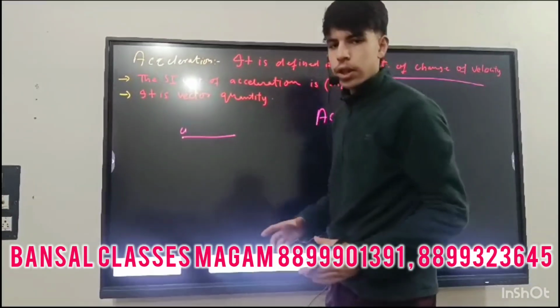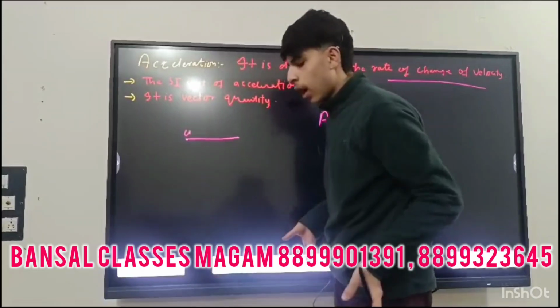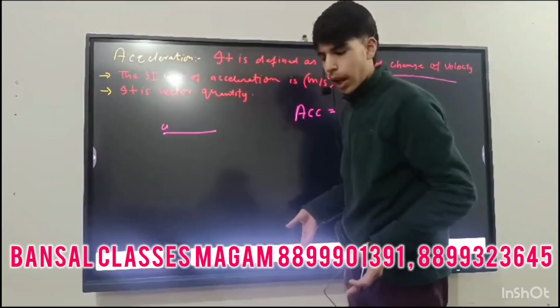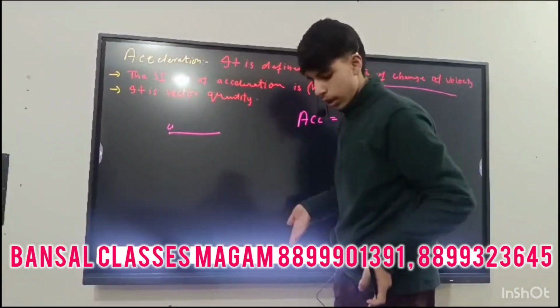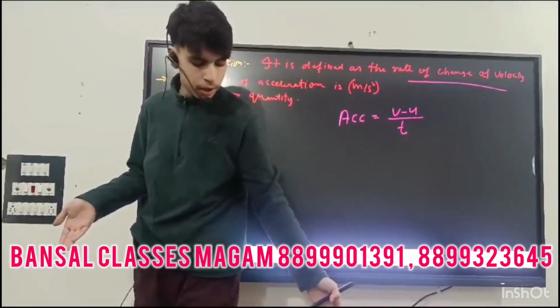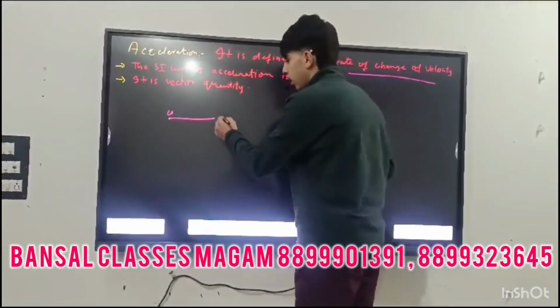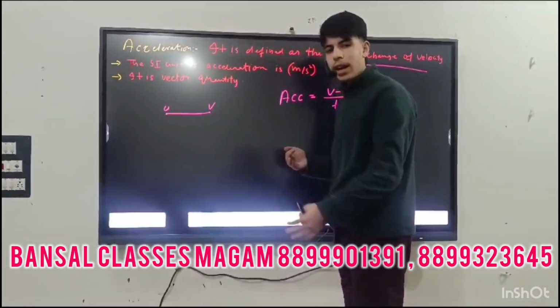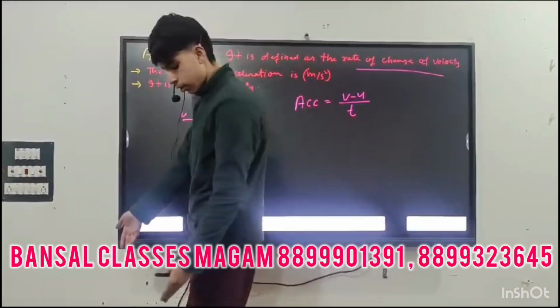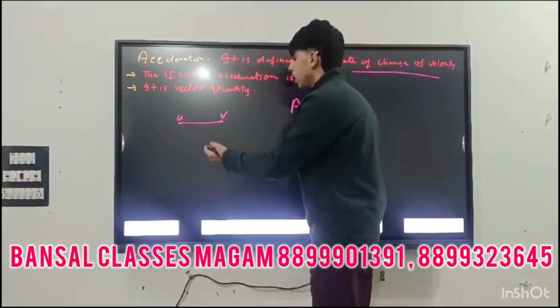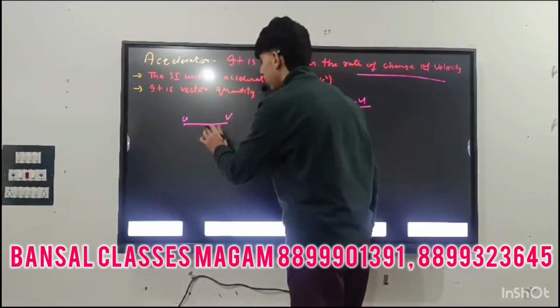is the initial velocity, the starting point. Like when I walk from here to here, my initial point was this, where I started. My final velocity is where I ended here. So this is my final velocity. Basically, this is velocity.